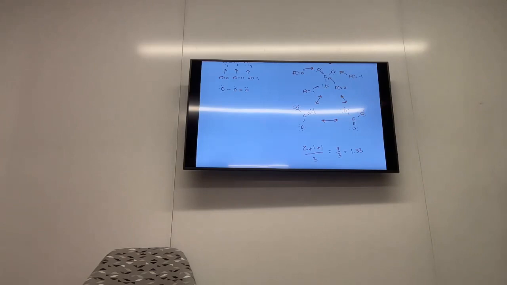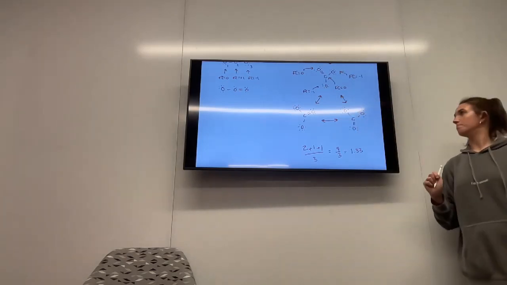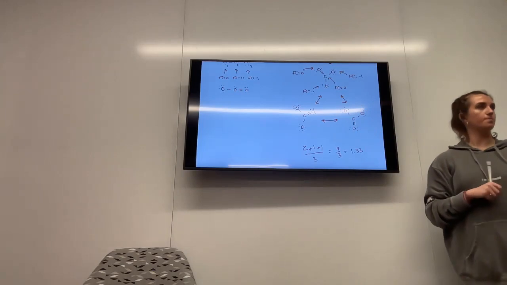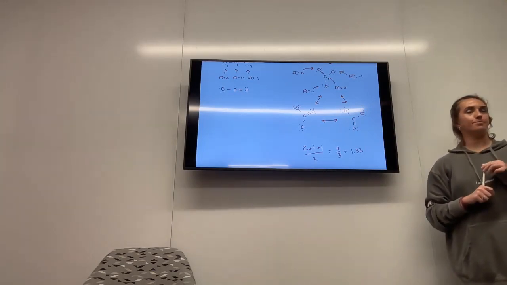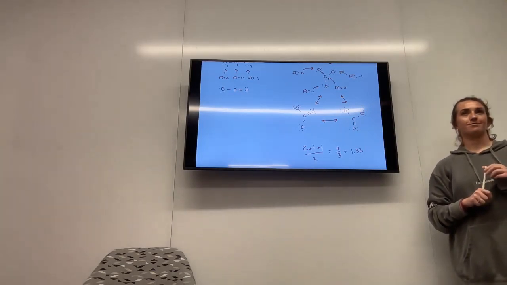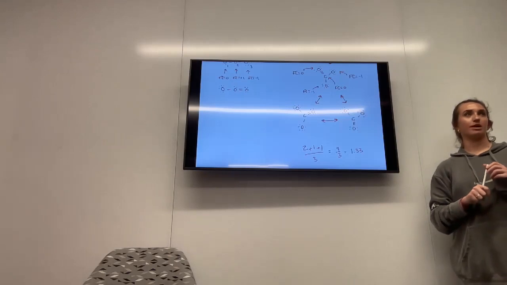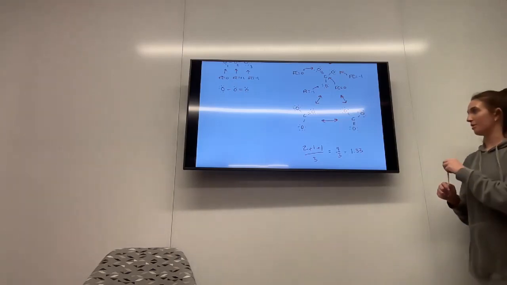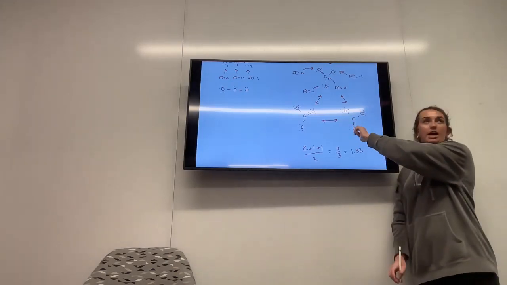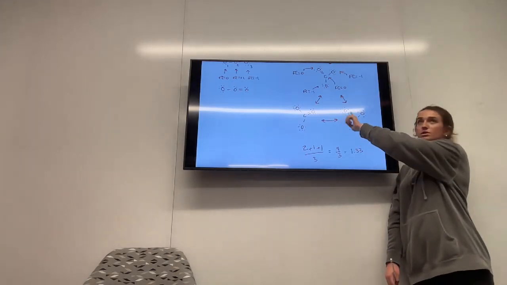So what would have more energy, a single bond or one of these bonds in this CO3 molecule? Which one has more energy? I like your double bond. The double bond is going to have the highest energy out of the double or the single.